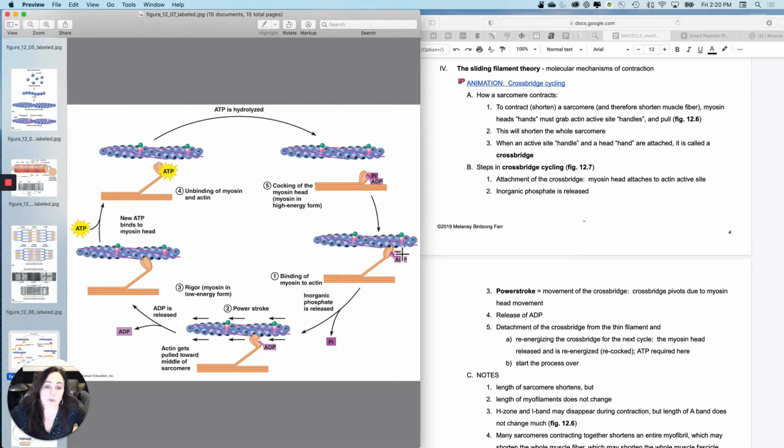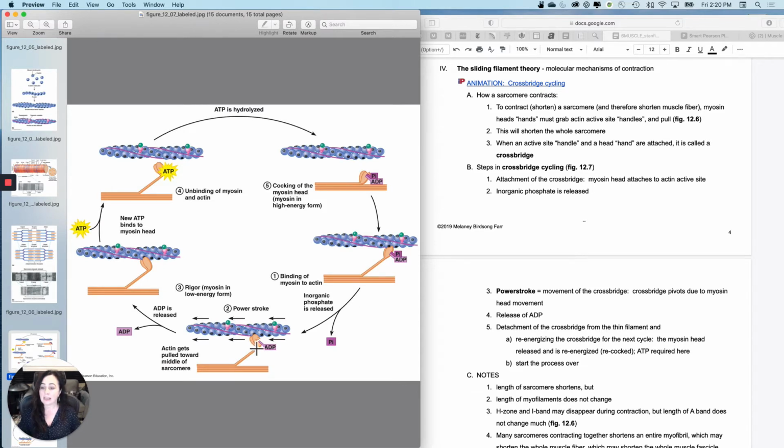Okay, so the crossbridge cycle. Don't pay attention to the ATP and ADP the first time. What is going to happen is the myosin head is going to reach up and grab the actin active site to form a crossbridge. We're going to call this crossbridge formation. And then the head of the myosin is going to pivot. That's called the power stroke, and you're seeing it in number 2 right here.